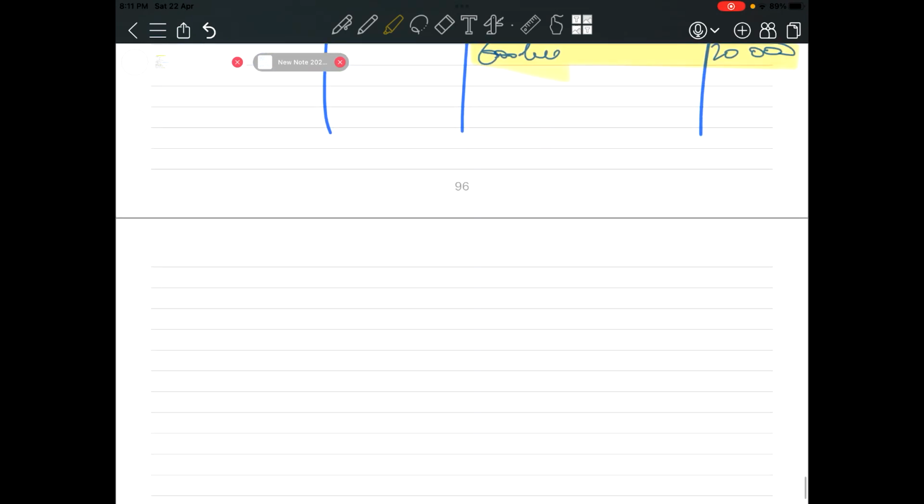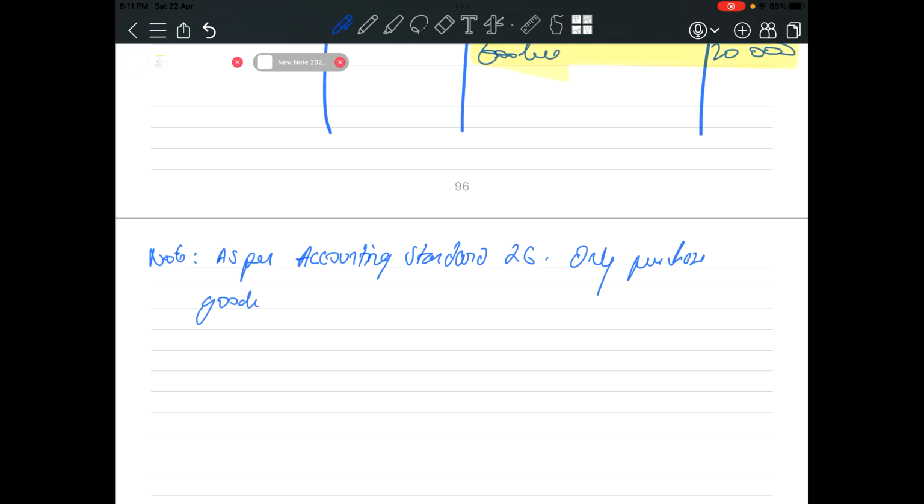Okay, so write one note. As per accounting standard 26, only purchased goodwill will be recorded in the books of accounts.